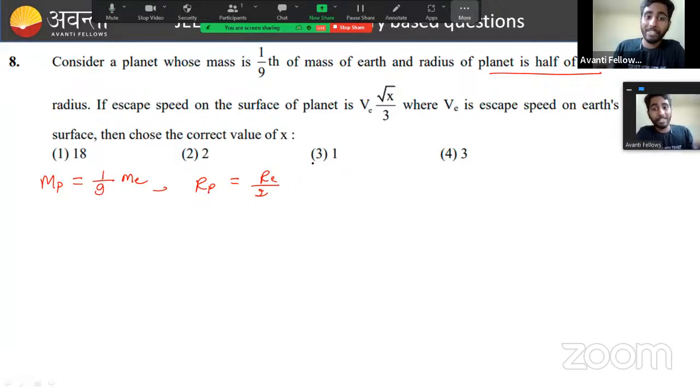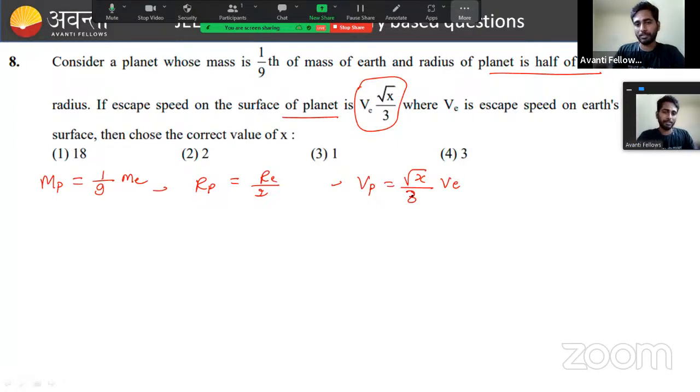Done. If the escaping velocity, escaping speed, not velocity guys, it's a speed actually, we'll say escaping velocity on the surface of the planet is v into root x by 3, means escaping velocity of the planet is root x by 3 into escaping velocity of Earth.